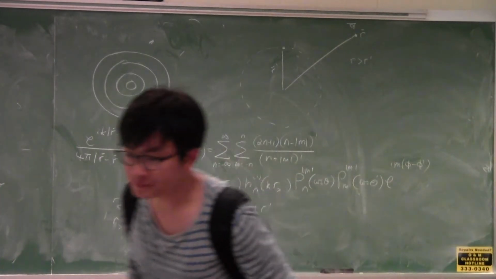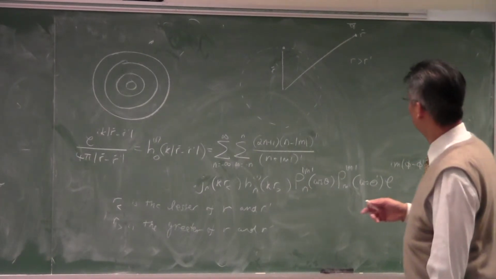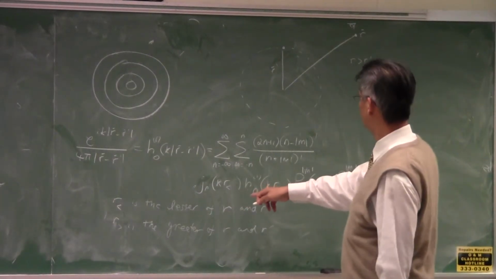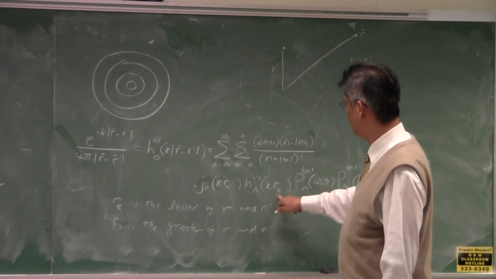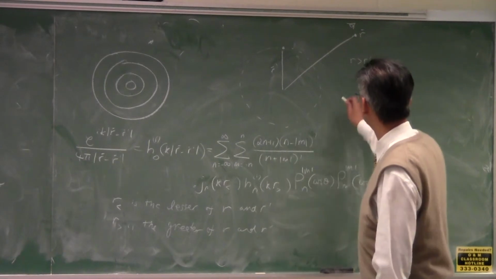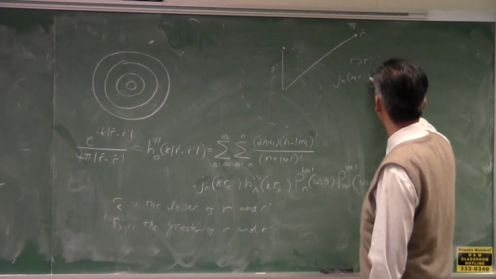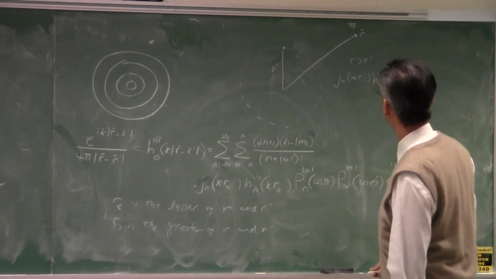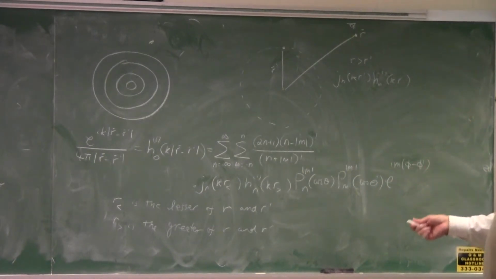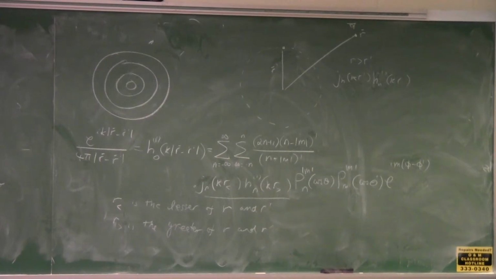And then it's quite clear that you should put r prime here, r over here. For this case over here, this expansion will become j_n(k r prime) h_n^(1)(k r). That's for this expression when you have things outside the circle.